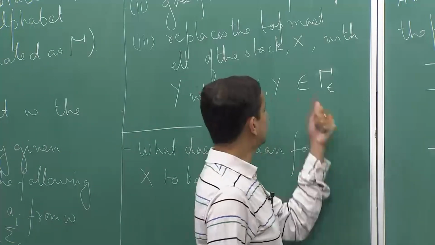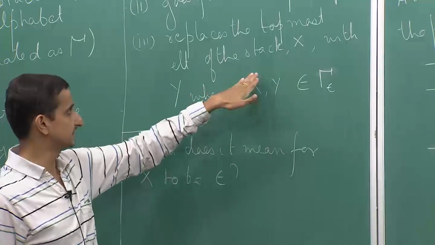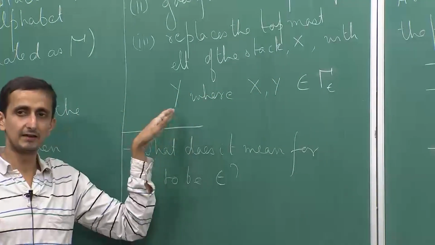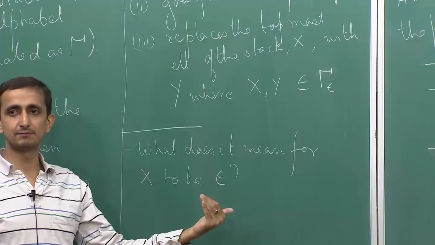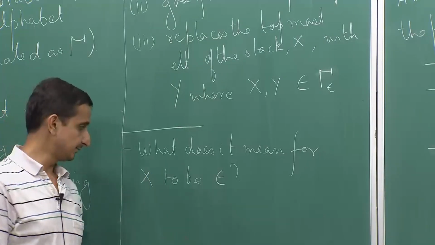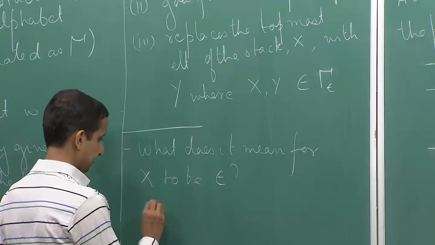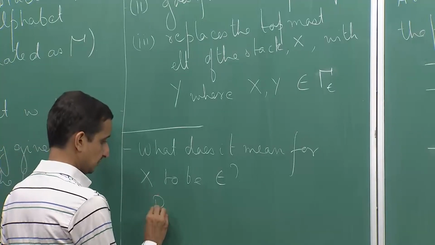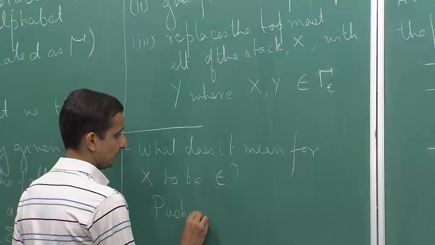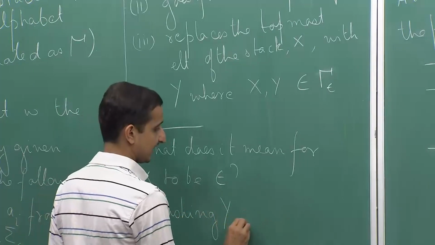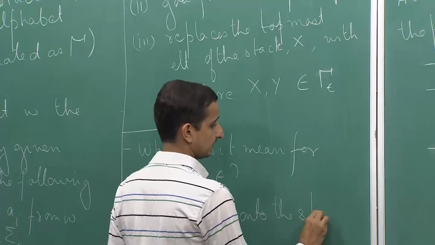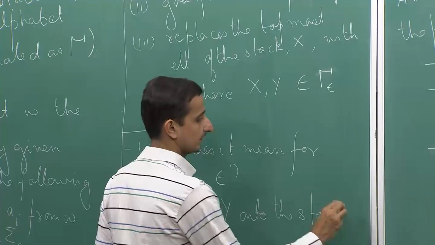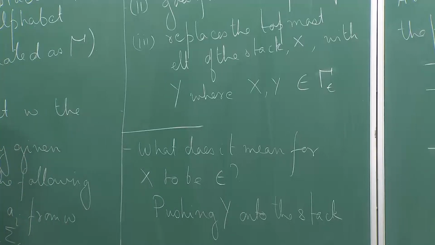If we look at the description, it says that it replaces x with y, x is the empty string. So, it is replacing the empty string with some symbol y. Essentially what that means is that it is pushing y onto the stack. Okay. So, that is what it literally means.